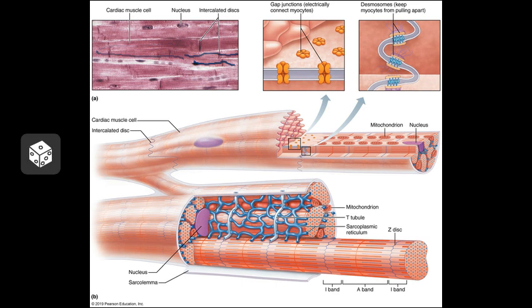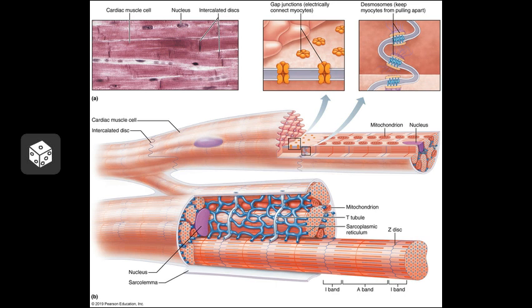Another characteristic is, like skeletal muscle, this cardiac muscle tissue is striated. And the reason why they're both striated is that they have very organized sarcomeres that are the functional units of contraction.